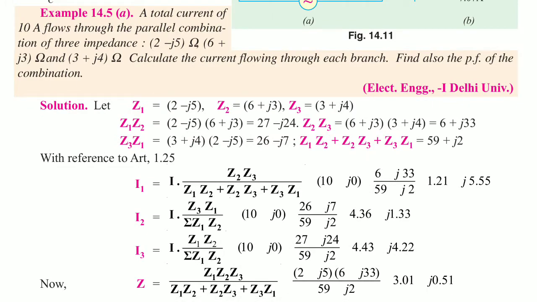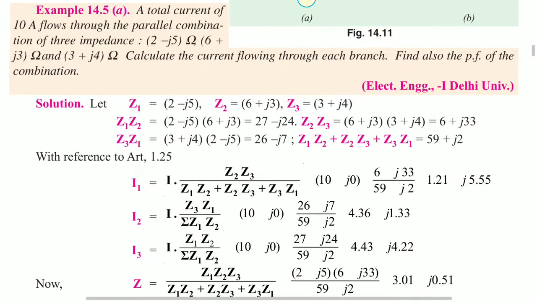Z1 is equal to 2 minus j5. Z2 is equal to 6 plus j3. And Z3 is equal to 3 plus j4. So here Z1 into Z2, Z2 into Z3 and Z3 into Z1 are calculated.